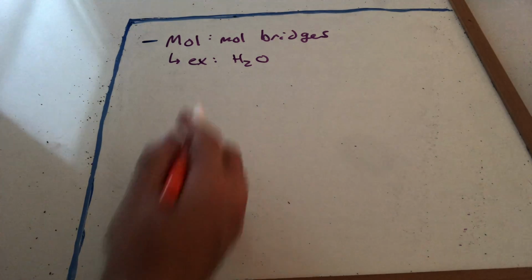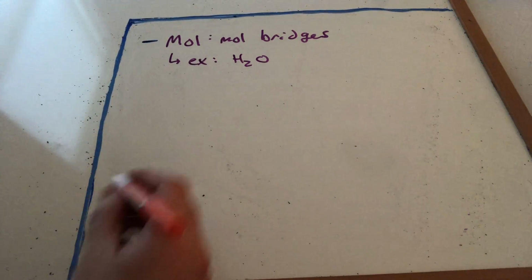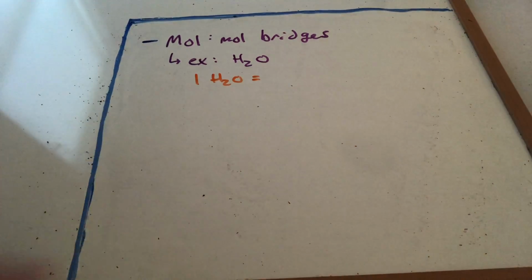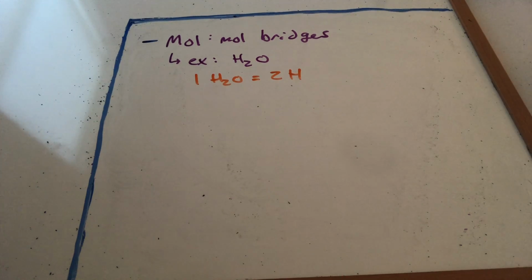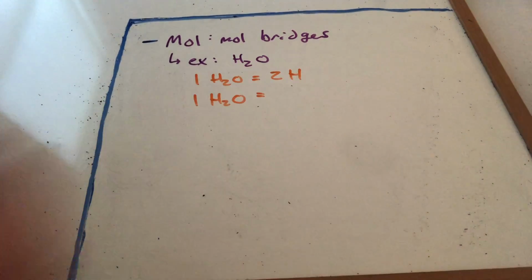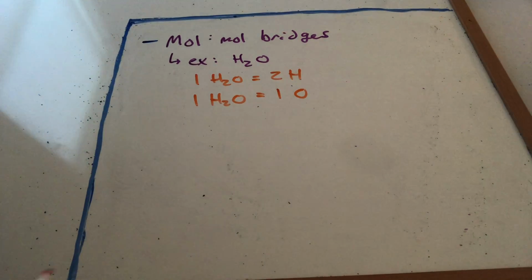If I look at this H2O, this tells us how many H's and O's there are. If I look at one H2O molecule, you should be able to look at this and say, there are two H's. If I look at this one H2O molecule, you should be able to say there's one oxygen. These are equalities, so they're actually conversion factors as well.